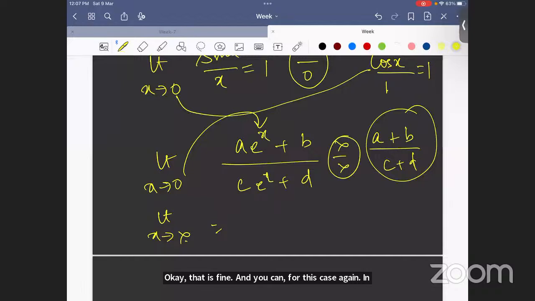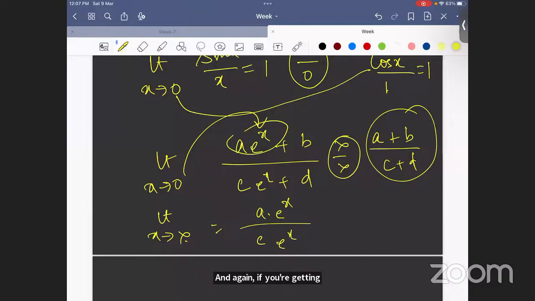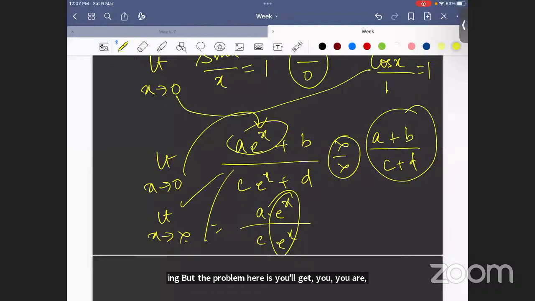If you put infinite directly here, you'll get infinite in the numerator and the denominator also. So we can use our method, L'Hopital's rule. If you differentiate, you will get a e to the power x, and c e to the power x. But the problem here is you'll get e to the power infinite again and again whenever you are differentiating. It's better to use the other method directly.